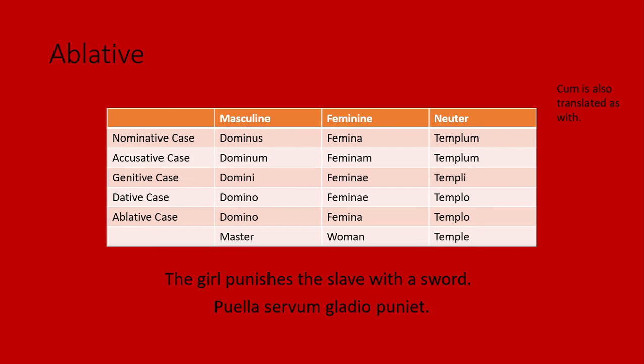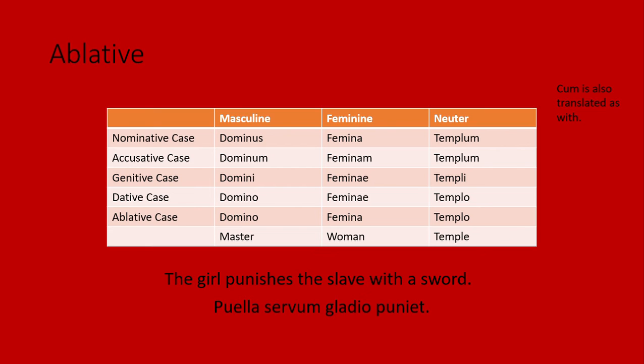But also the ablative is used for when nouns act in accordance with each other in such a way that the word with would be used to connect them. For example, the messenger and the slave girl walk through the garden with the boy.